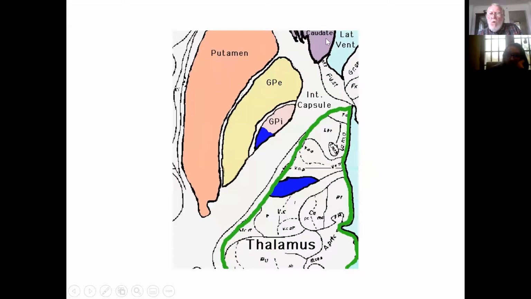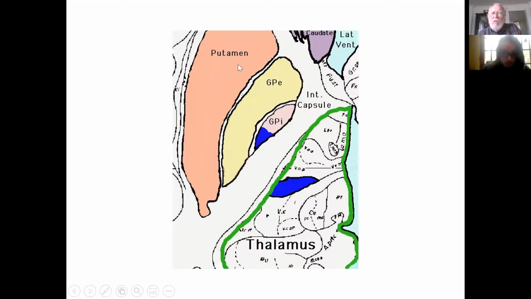And the caudate and the putamen are these dorsal striatal structures called the neostriatum. They are called the neostriatum because the cytoarchitecture of the cells in the caudate and the cells in the putamen are literally identical to one another.